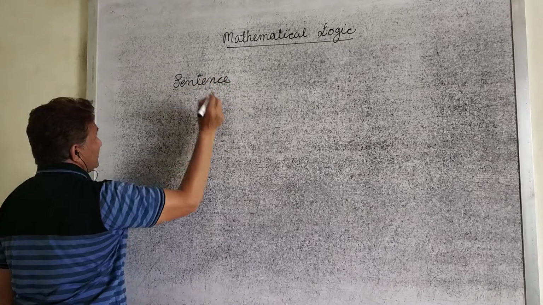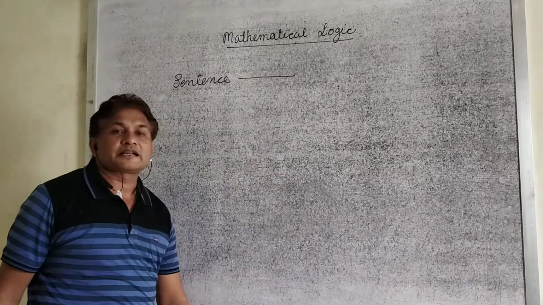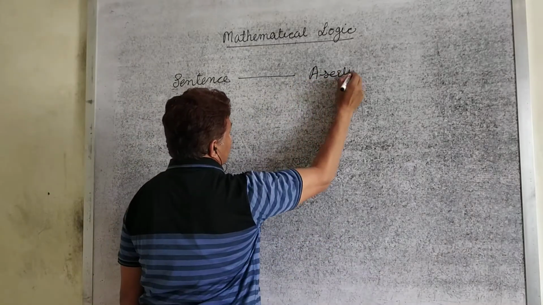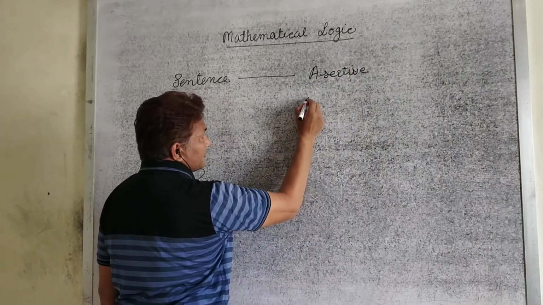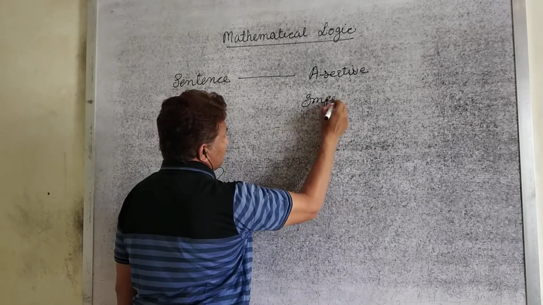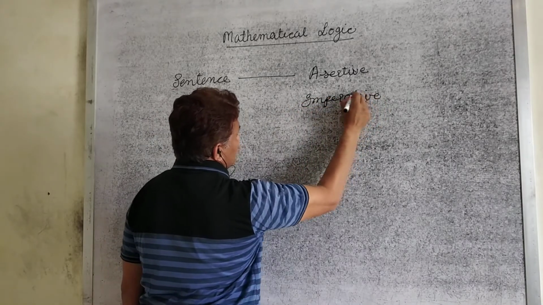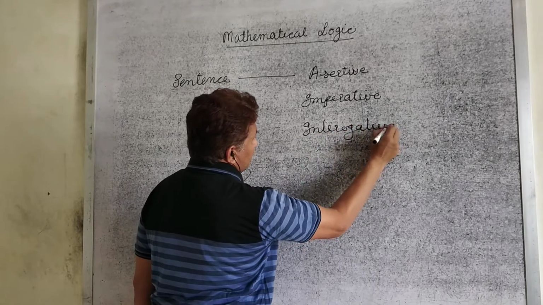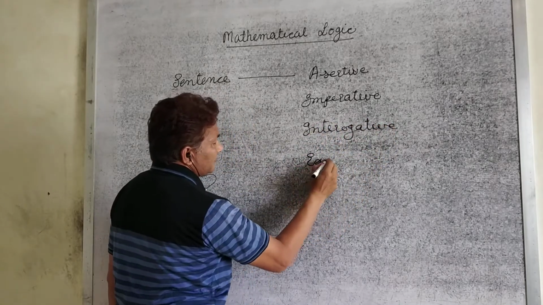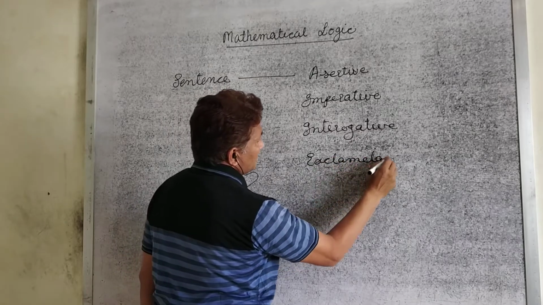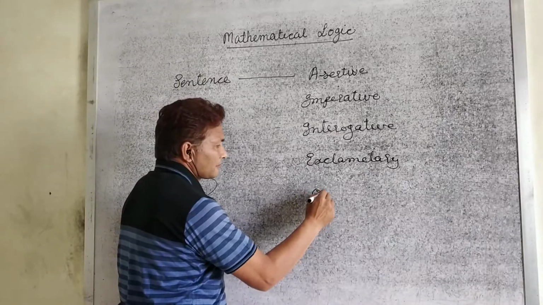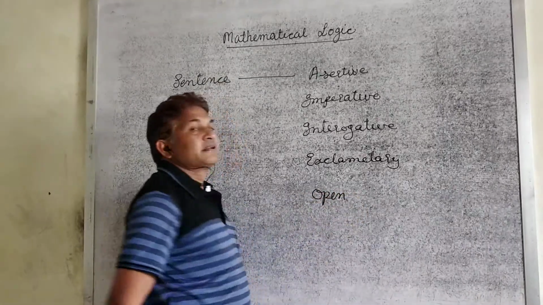Sentence. There are four types of sentences. First, assertive. Next, imperative. Next, interrogative, exclamative, and last, in mathematics there is one sentence called the open sentence.